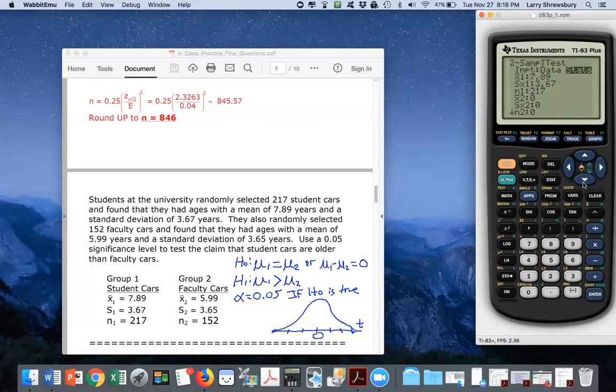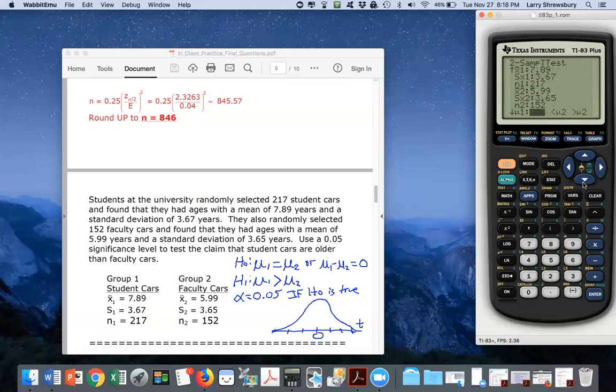It's a really big university, and so the populations are more than 10 or 20 times bigger than the sample size. Now let's see. This is 5.99, and this is 3.65, and this is 152.